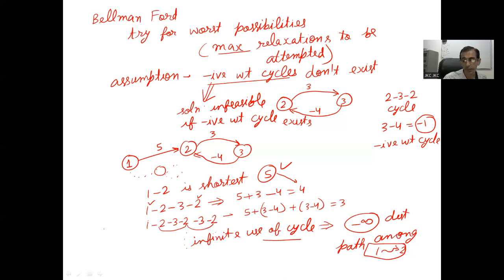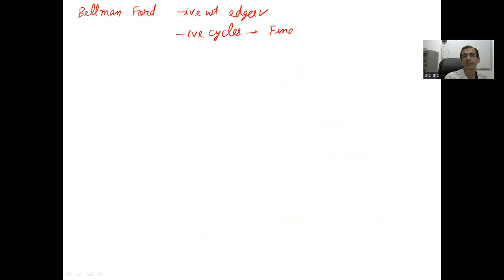So my Bellman Ford algo, what it will do is negative weights are allowed, negative weight edges, okay. Negative weight cycles, if at all they exist, find and report error, or I'll print that infeasible solution.